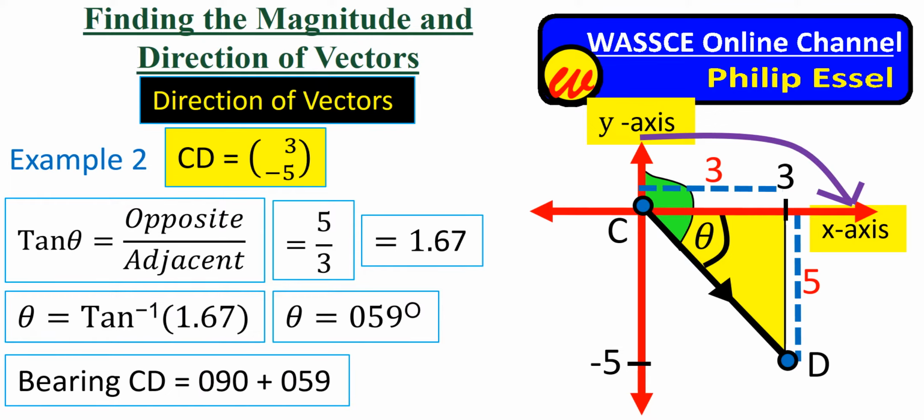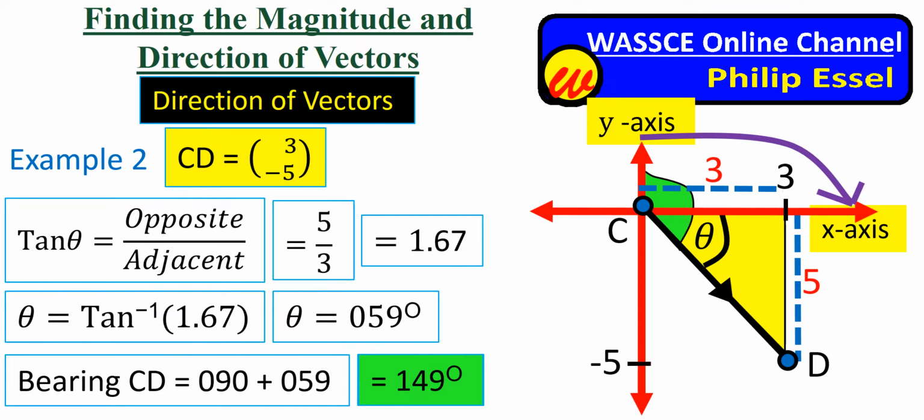So 90 plus 59 would give us 149 degrees. So our bearing is 149 degrees.